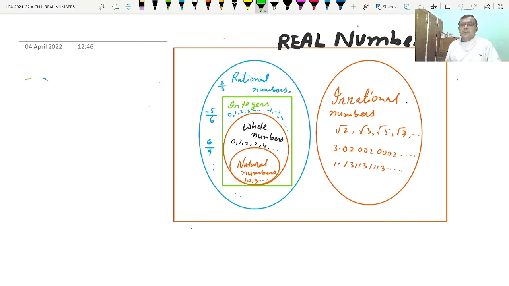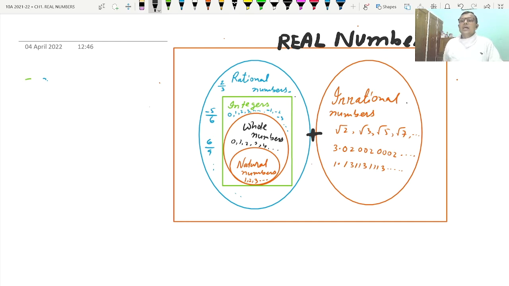You got this in class 9. If you combine these two sets, you will get real numbers. Clear?